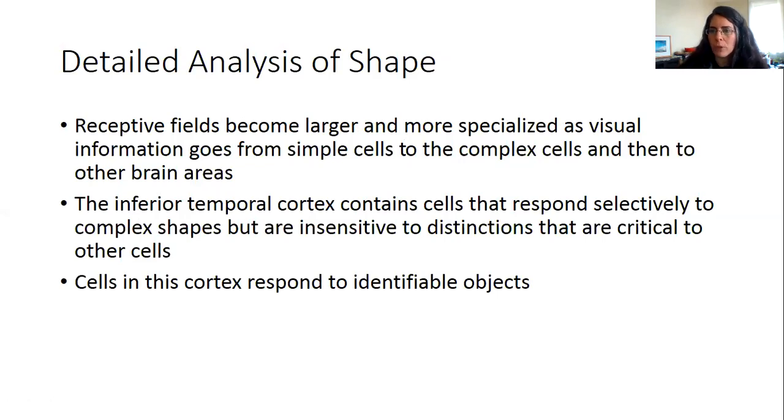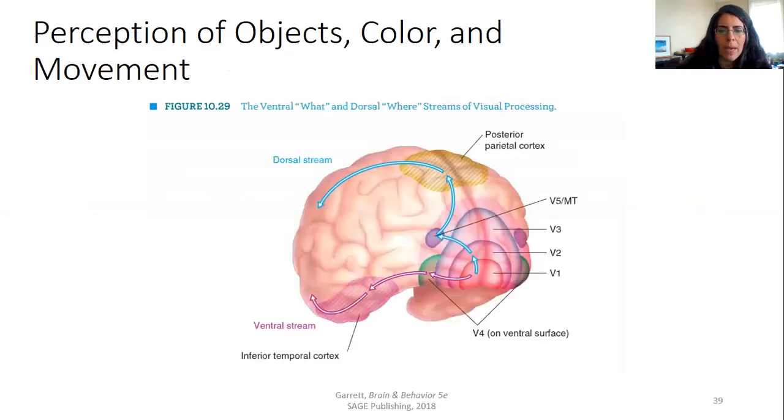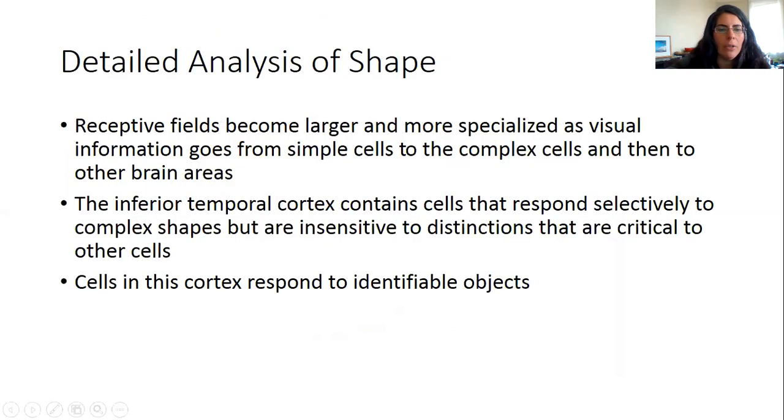So not just bars of light, but now we're talking about forms and shapes. Cells in the cortex are going to respond to identifiable objects. So I just want to come back here and show you that this is the inferior temporal cortex, and we are going to see more specific feature detectors in that area.